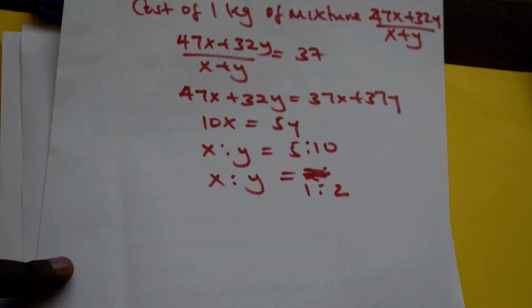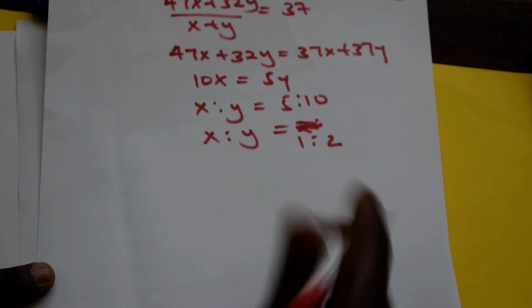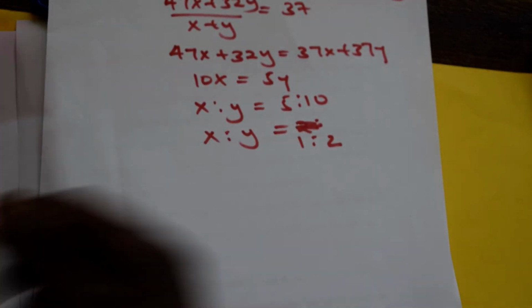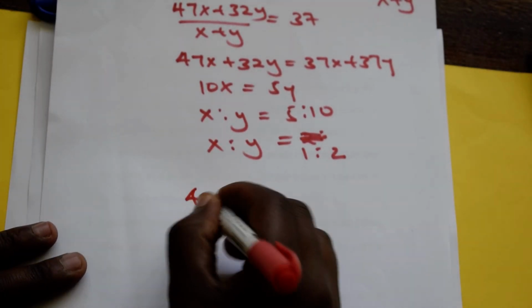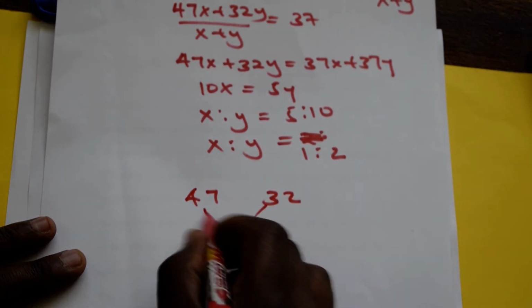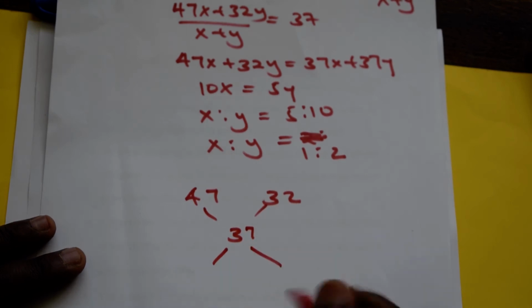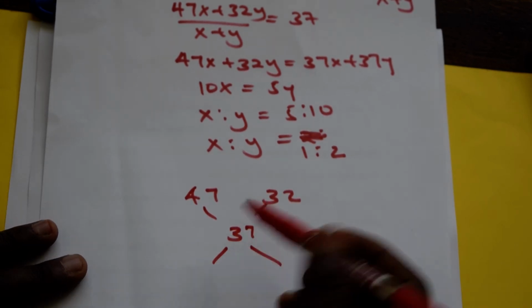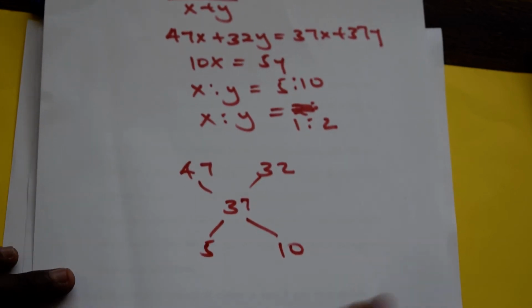So we can also summarize this one and say based on cost, we can use the gain and loss method. This is where we are having 47 and here we have 32, and our cost of the mixture should be 37. So we subtract these values absolutely, and this will give us 5, this will give us 10, ignoring the negative.